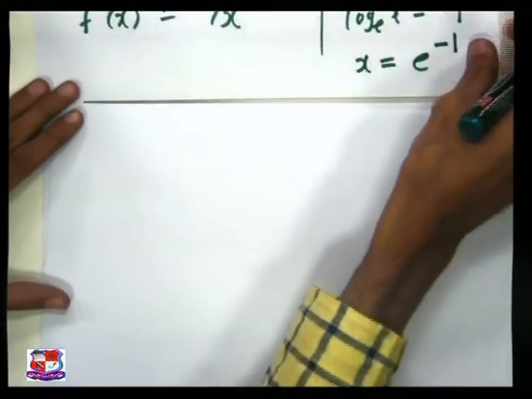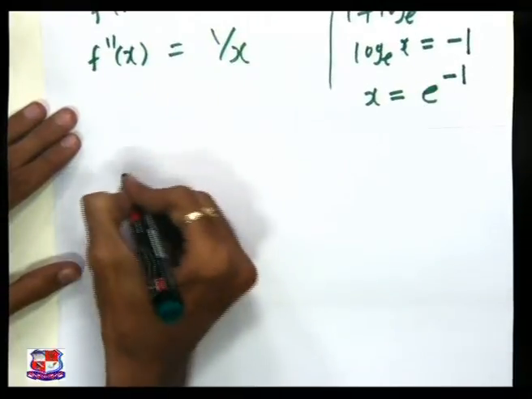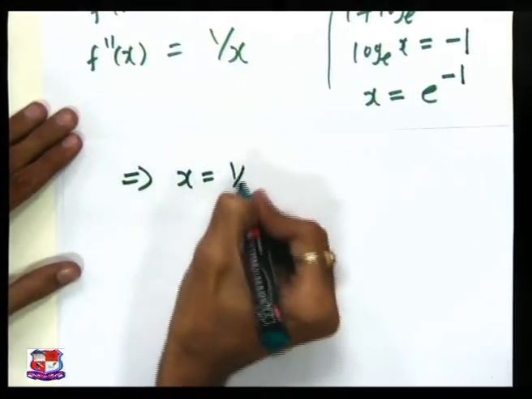That is the critical point here. So x is equal to 1 by e.